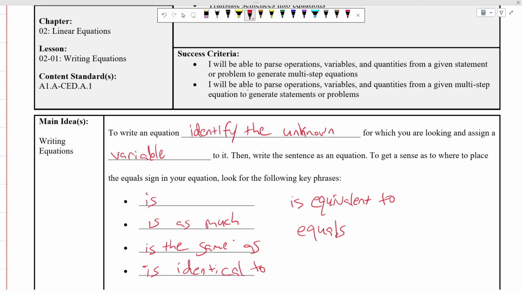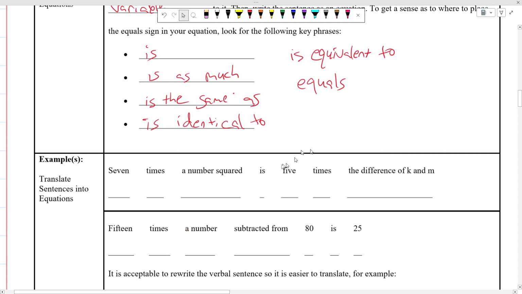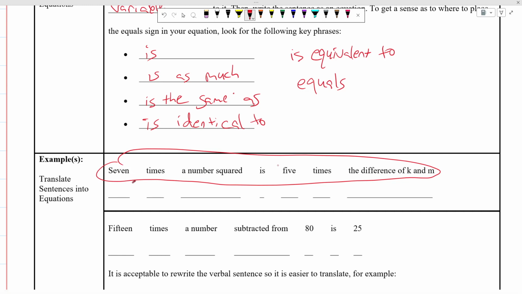Let's try a couple examples here just to whet our appetite for what is to come. We're going to start fairly basic and build our way up to developing a word problem. Let's look at this phrase. It literally reads as: 7 times a number squared is 5 times the difference of k and m.